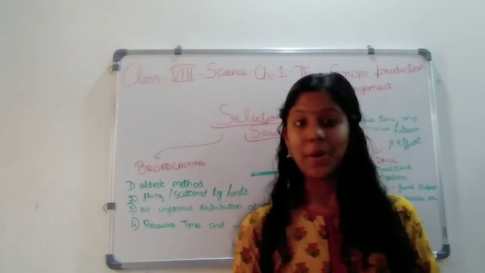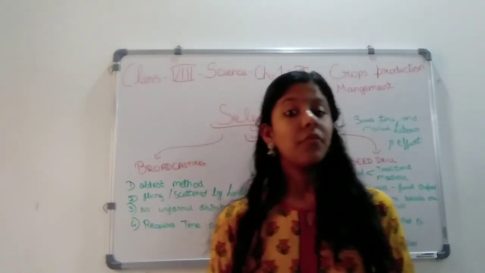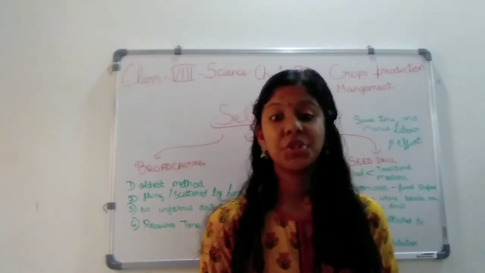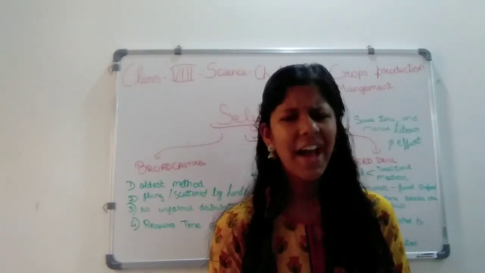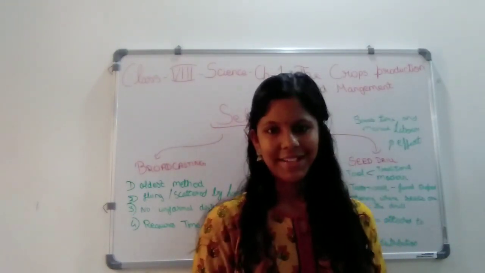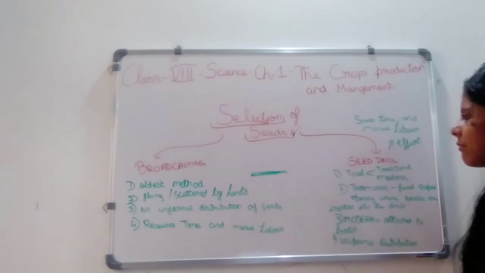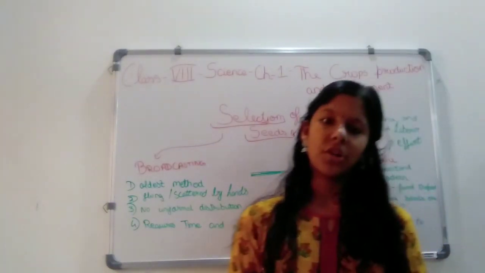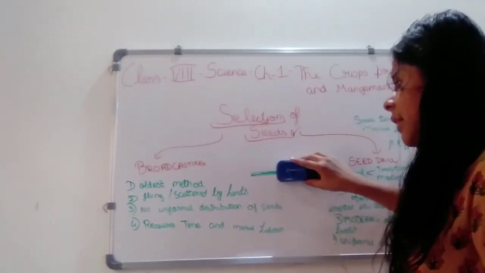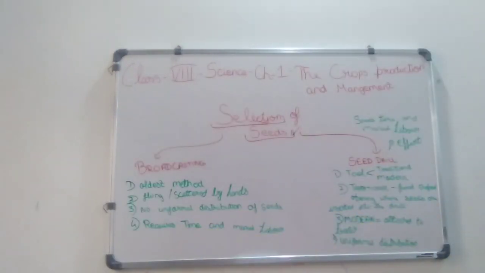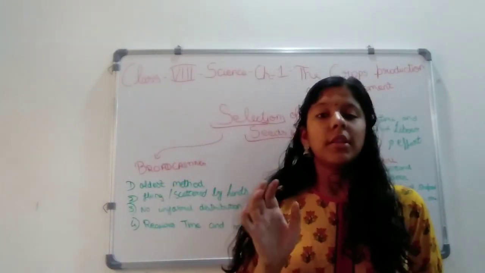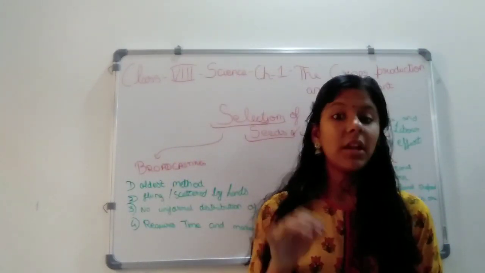Why? You have a question. Because if they are overcrowded at a particular place, they will not get enough water, sunlight, as well as some nutrients. And another precaution that we have studied is that the seeds should be sown at the correct, appropriate depth.